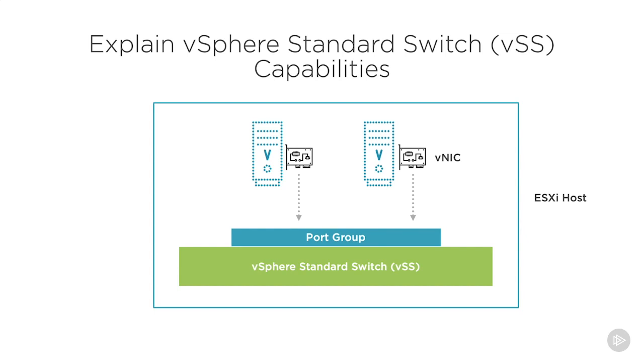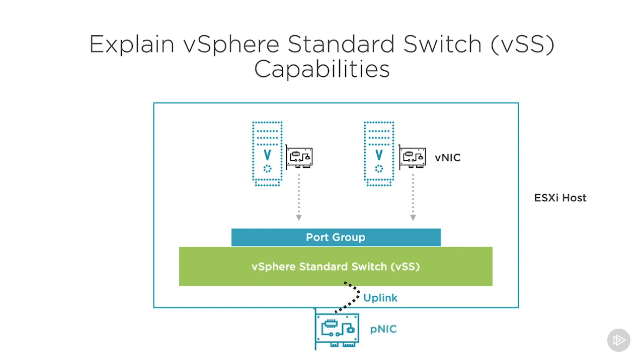Now, you might be wondering, how do these virtual machines and the applications inside communicate with the outside network? That outside network doesn't have to be the internet. It could just be another ESXi host or other network services that are running on the local area network. Well, the vSphere standard switch would have what they call an uplink.